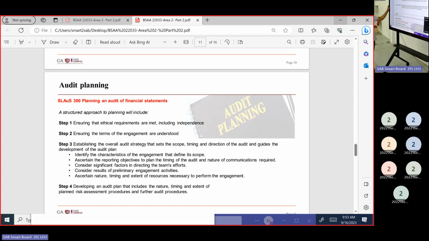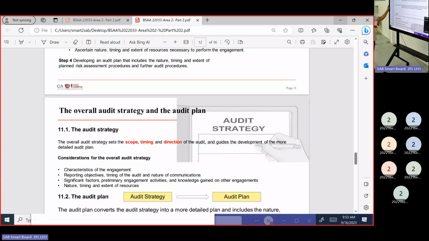Audit strategy means scope, timing, and direction.